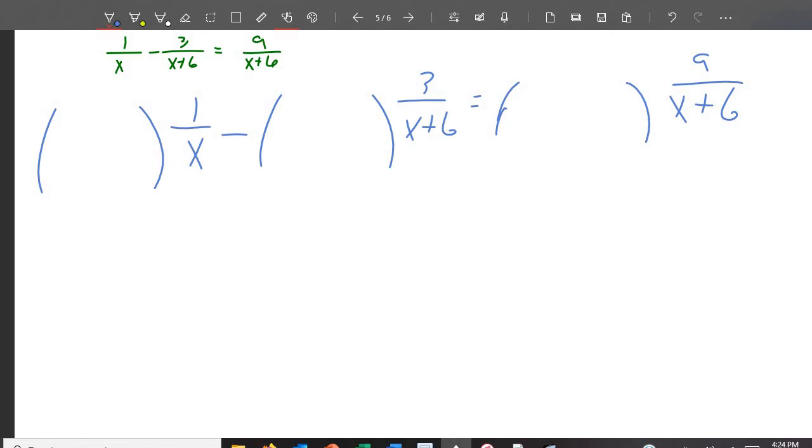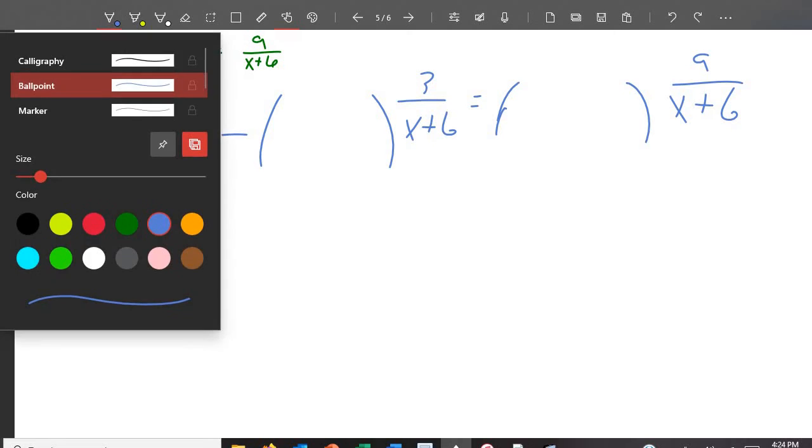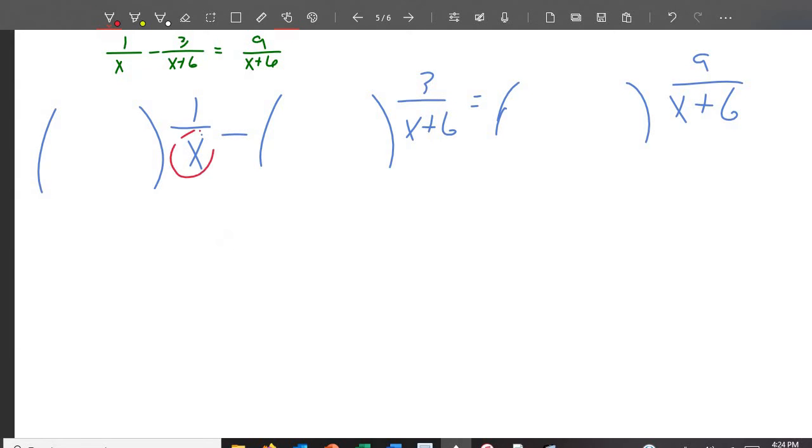Notice, this is an X. Since that's an X, that means one of my restrictions is not equal to 0 because it's a monomial. Here, it's X plus 6, so my other restriction is negative 6.